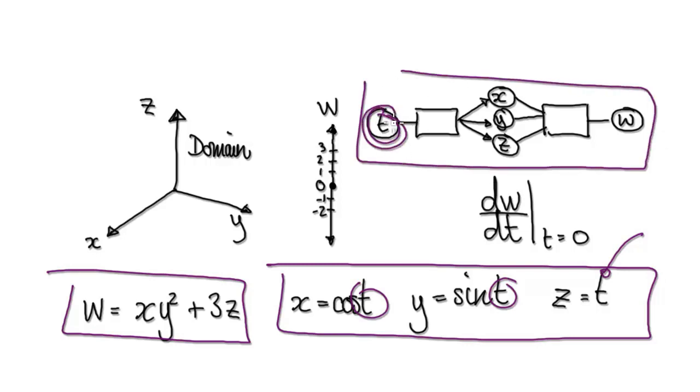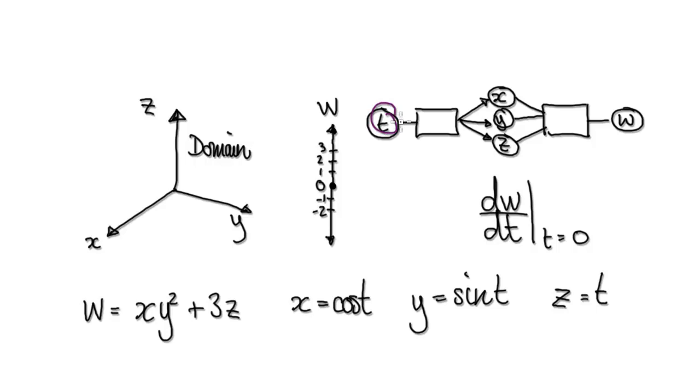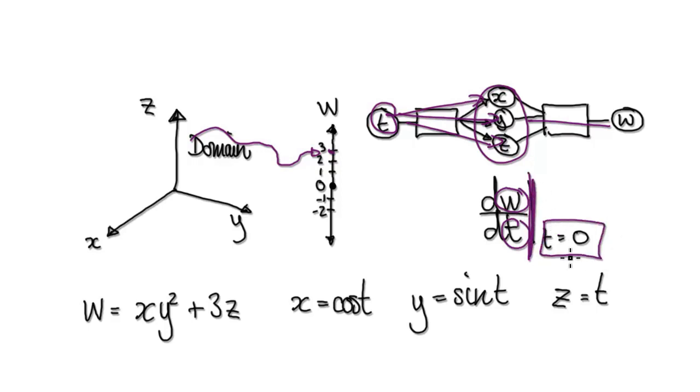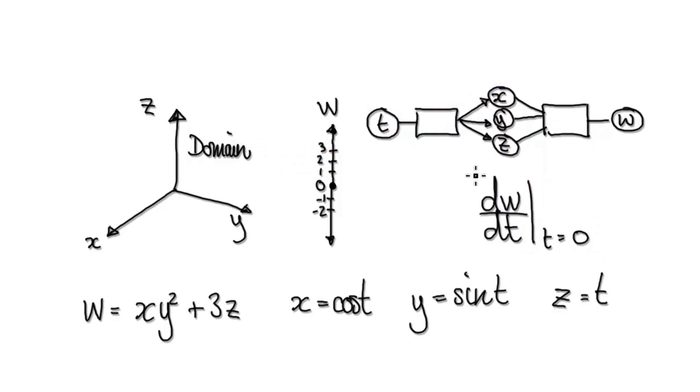You input a time, and then the time will tell you where the particles should be in the x, y, and z direction. Once you've got your x, y, and z, then it will spit out a number. Let's say 3 here. So our job is to work out dw by dt evaluated at t equals 0. So our job is to compute this value here.